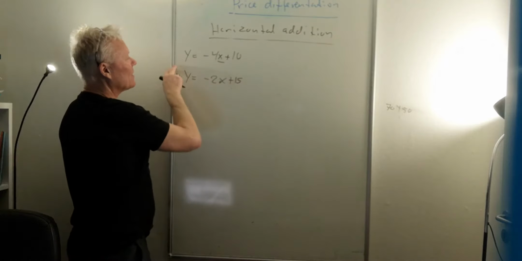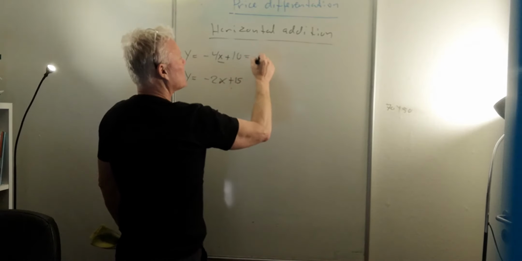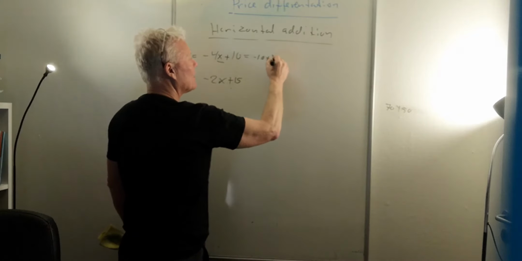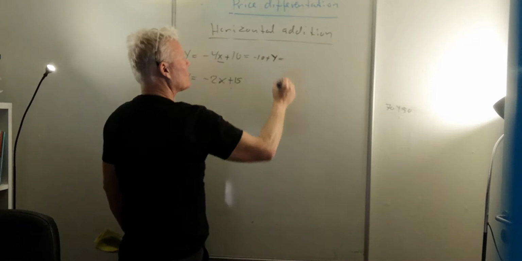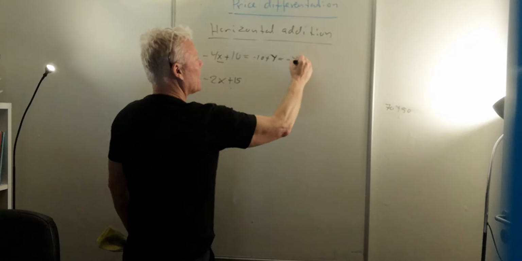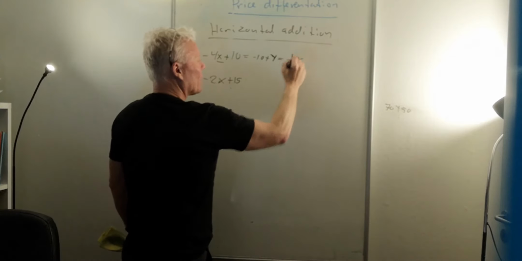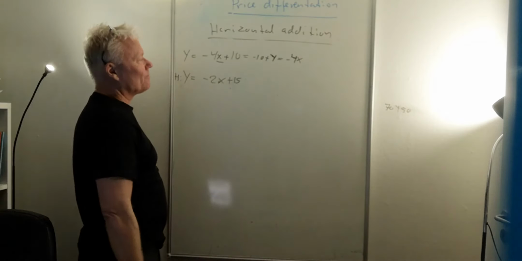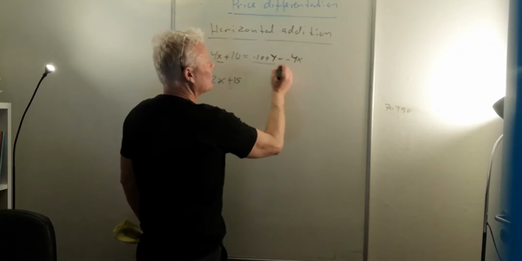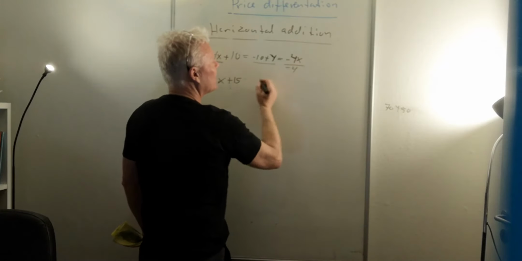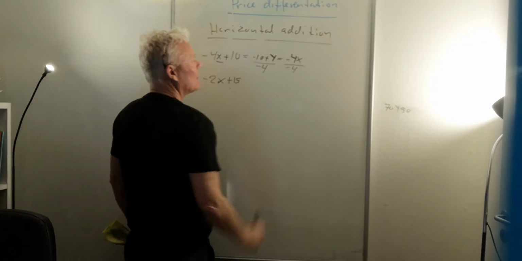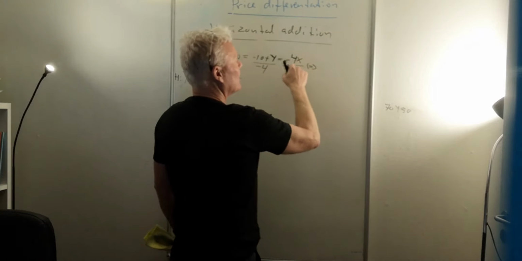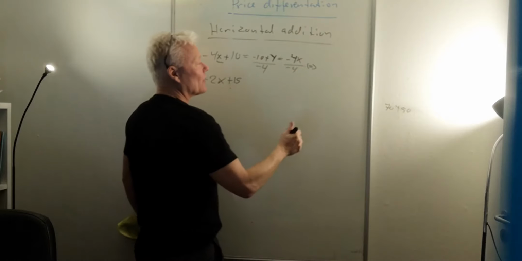So minus 10 plus y is equal to minus 4x. But I wanted to isolate the x. So what I can do is divide on both sides by minus 4. Minus 4 divided by minus 4 is 1.